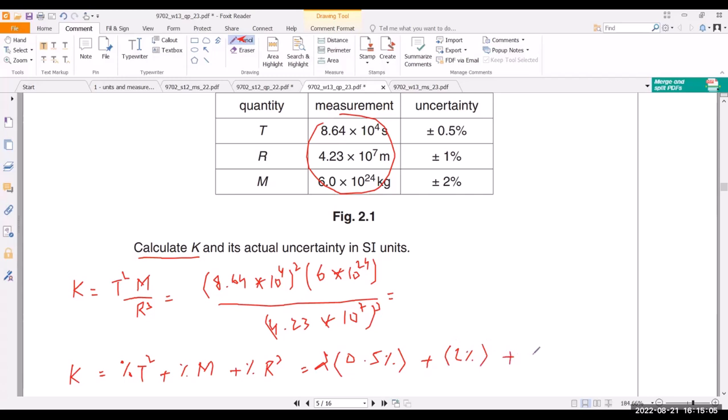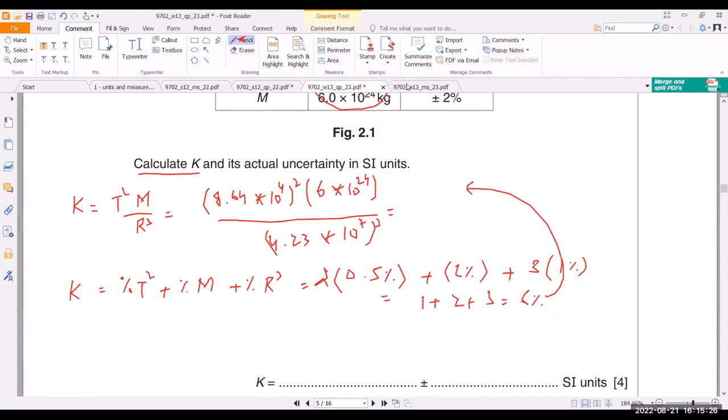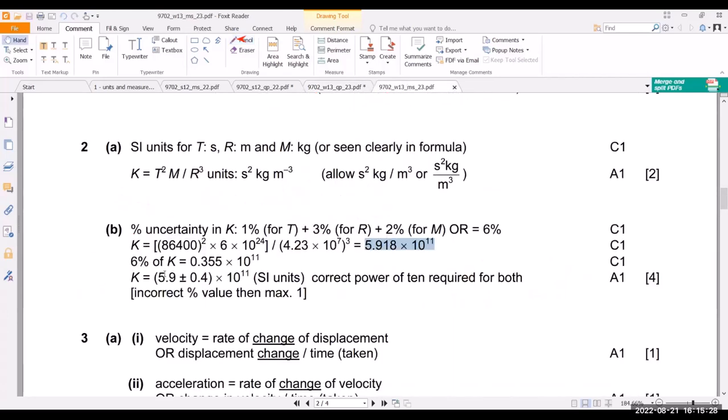Plus the percentage uncertainty in R, power will be multiplied before, that is 3, and the percentage uncertainty in R is 1%. So it will be 1 plus 2 plus 3. I will get 6%. Now I will take 6% of this actual value calculated for K. That will be the uncertainty. So in this part, you can see 6% of K, that will be this.